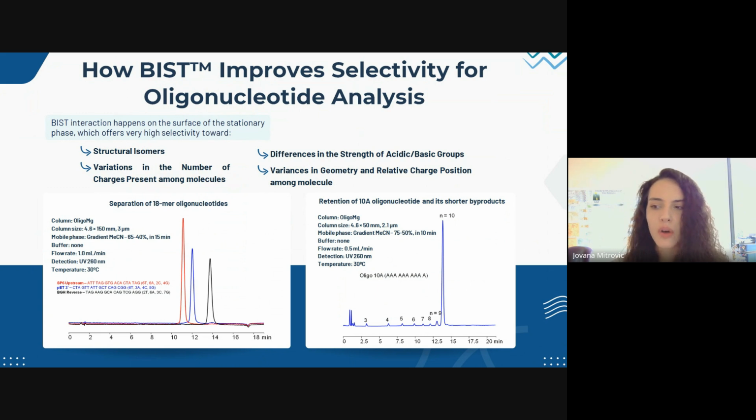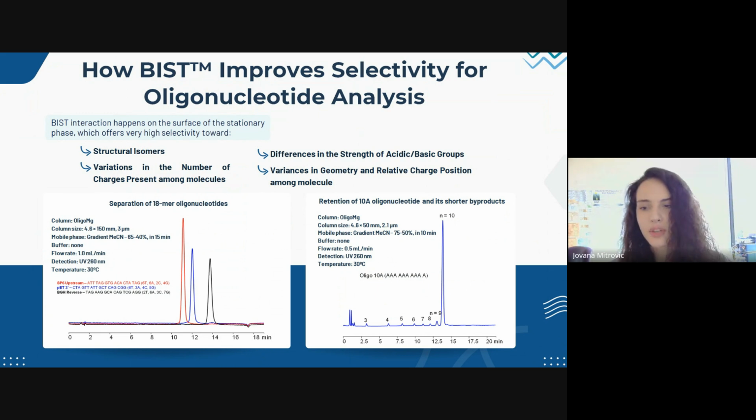It's not just about the number of negative charges, but where those charges are located and how strongly they're expressed. Even slight variations in base composition or phosphate accessibility can influence retention behavior. Also, acid-base strength of functional groups. Some nucleobases are more basic than others, and this influences how the phosphate backbone expresses its charge, and therefore how strongly the oligo binds through the bridge.